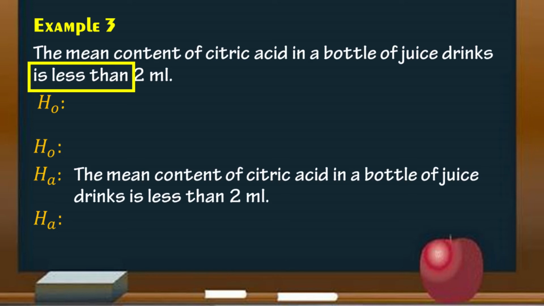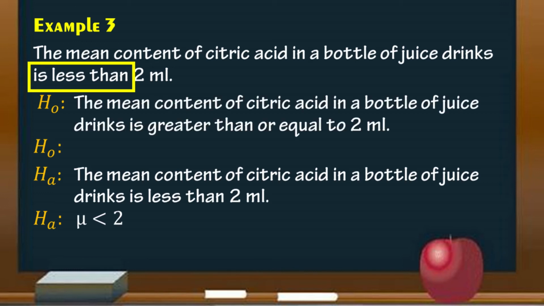In symbols, H sub A, mu is lesser than 2. Since it is less than, in our null hypothesis, it must be greater than 2 or equal to 2. Therefore, the null hypothesis is stated this way. The mean content of citric acid in a bottle of juice drink is equal or greater than 2 ml. In symbols, H sub O, mu is greater than or equal to 2.